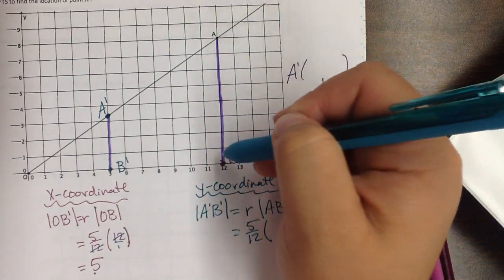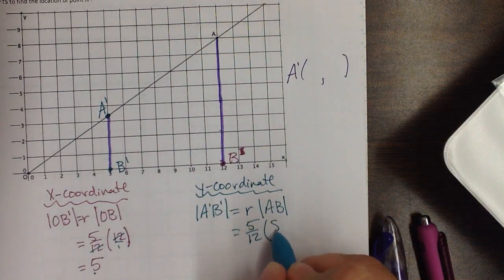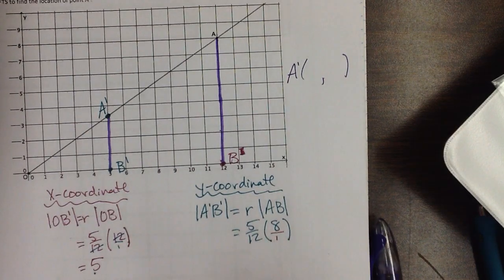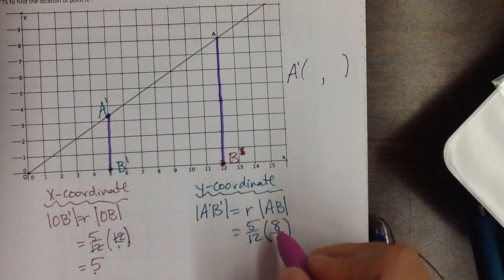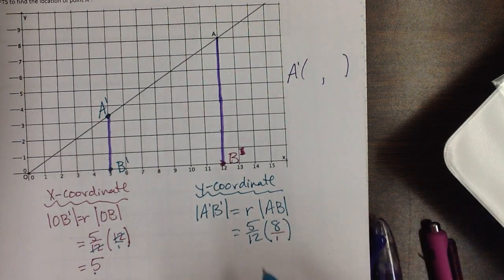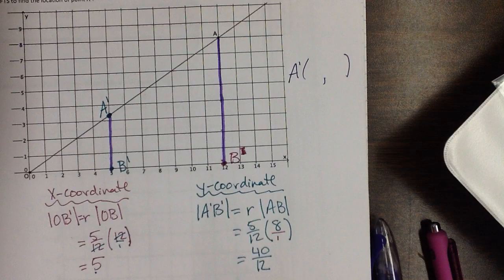Now this is where I count this. 1, 2, 3, 4, 5, 6, 7, 8. Now, I'm going to put this over 1, and I'm going to simplify. Actually, no I'm not. I'm just going to multiply. So this would be 5 times 8 over 12, which is 40 over 12.